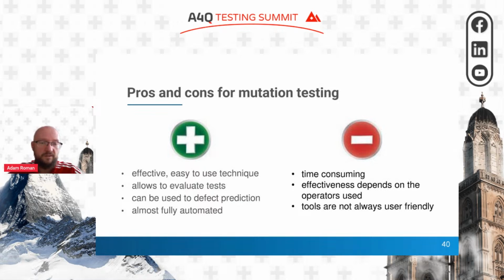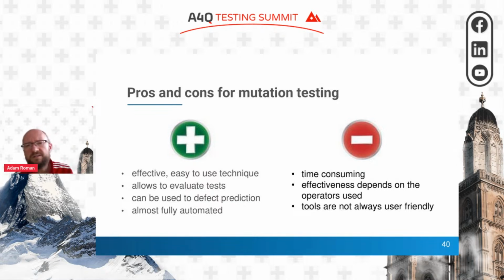What are the pros and cons of this approach to mutation testing? Pros are as follows. It's a very effective and very easy to use technique. It allows us to evaluate test cases. It can be used to estimate the unknown number of defects, so it can be used in software defect prediction, and it's almost fully automated.